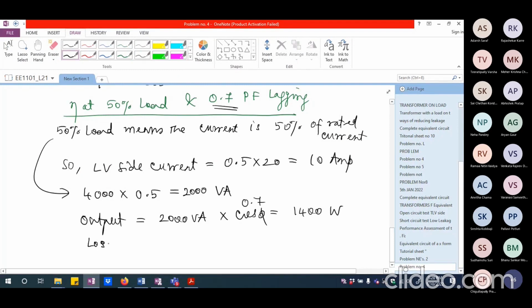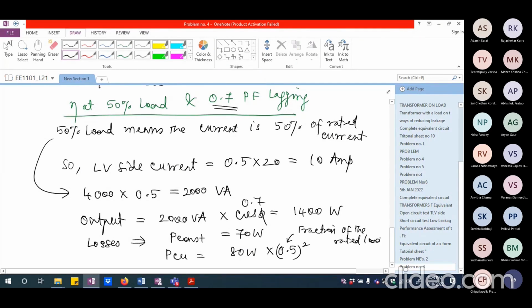If 1400 watts is the output, let me calculate the losses. So losses, first of all, constant loss will not change. That will be 70 watts. Copper loss, originally it said 80 watts, multiplied by 0.5 square, where X is the fraction of the load, because the current is now half the value.